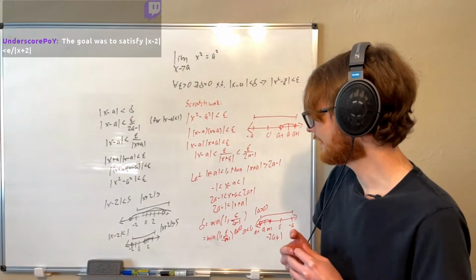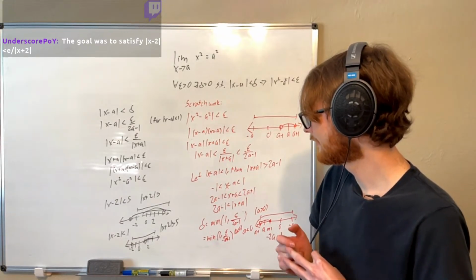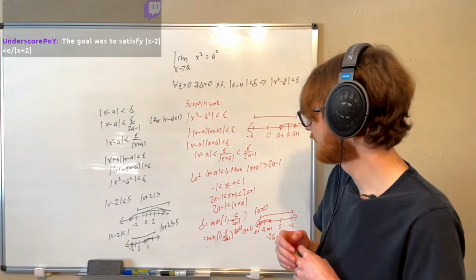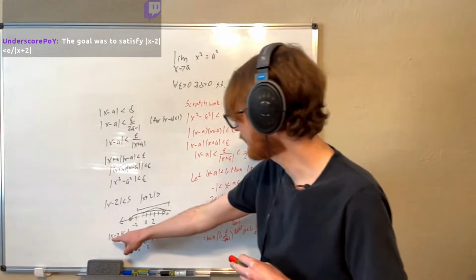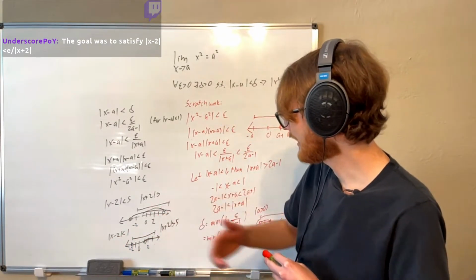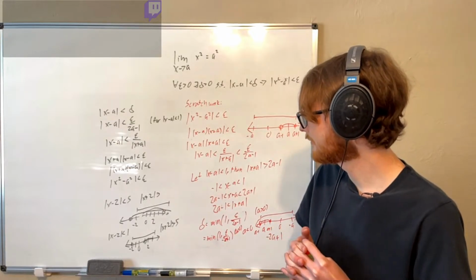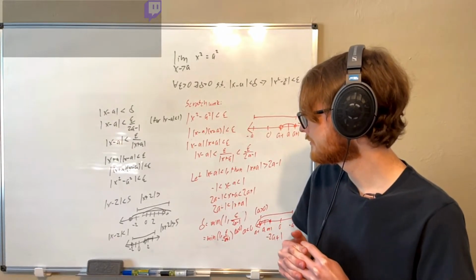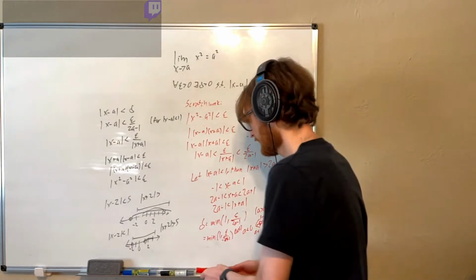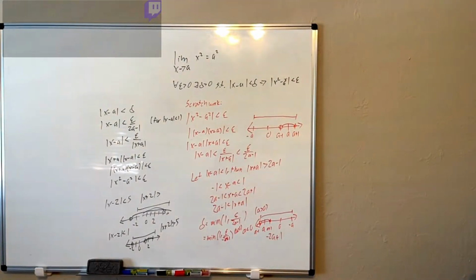Because we're not allowed to choose anything in particular for x. We know that x is approaching a. So we don't know x is getting close to +2. I don't know. You could very well be right, underscore.